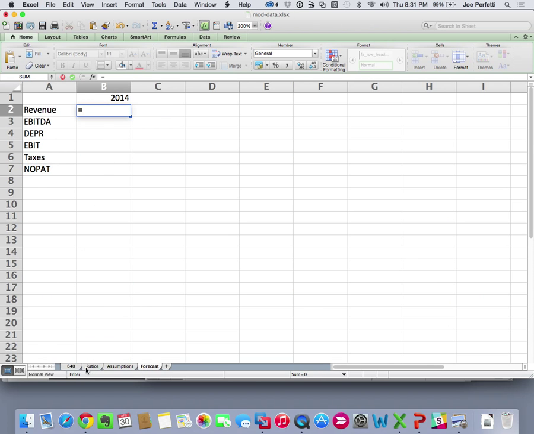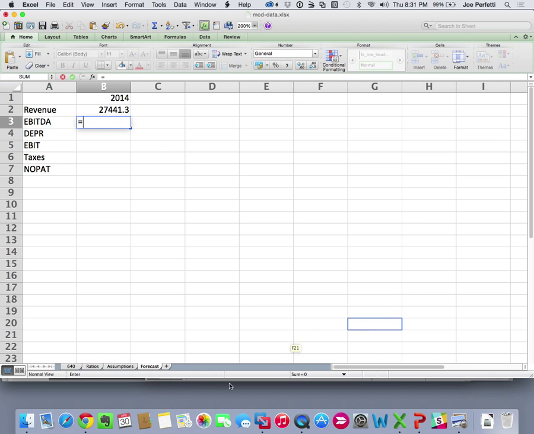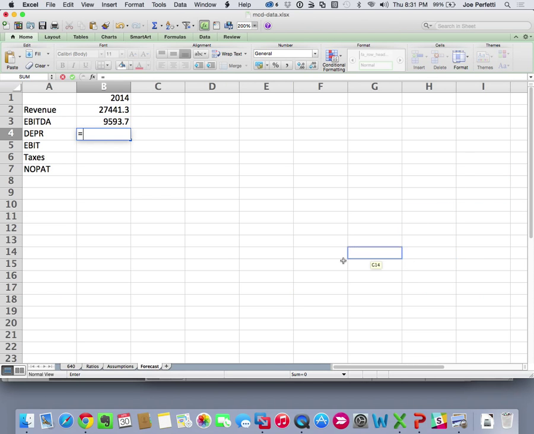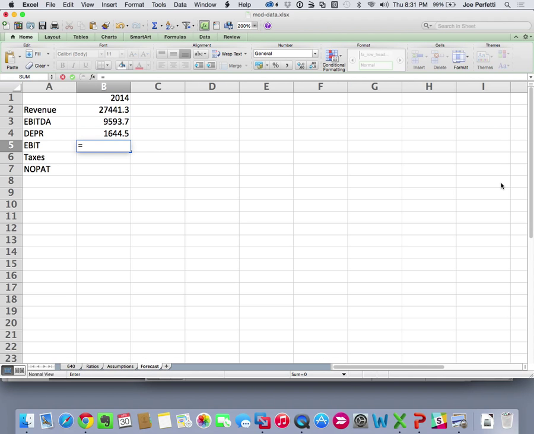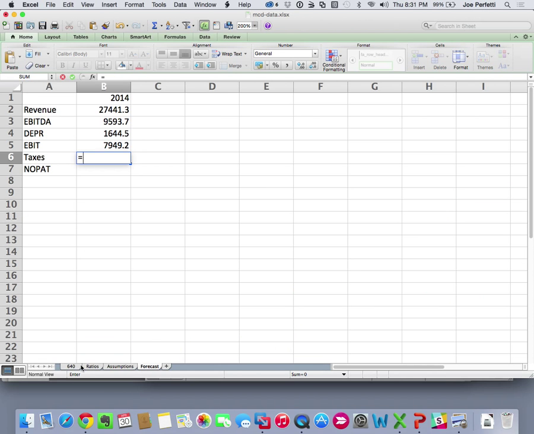So I'm going to take the 2014 revenue. I'm going to take the 2014 EBITDA. I'm going to take the 2014 depreciation. I'm going to take the 2014 EBIT. I'm going to take the 2014, well, I don't do the taxes.